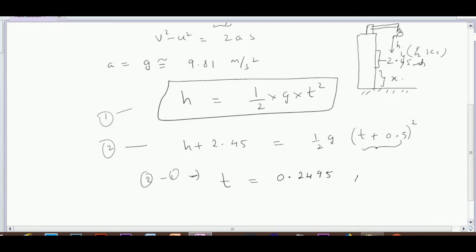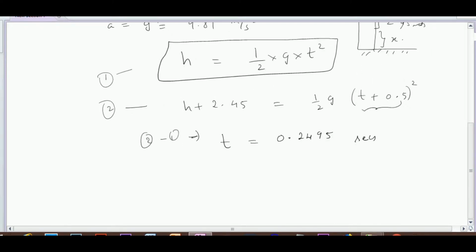So finally you should get t is equal to 0.2495 seconds. And if you substitute the t value in the h, you will get height as 0.305 meters. That is the stone which is thrown from the height of 0.305 above the window.